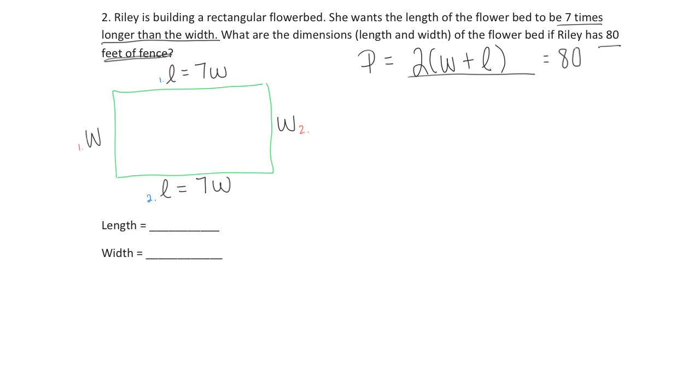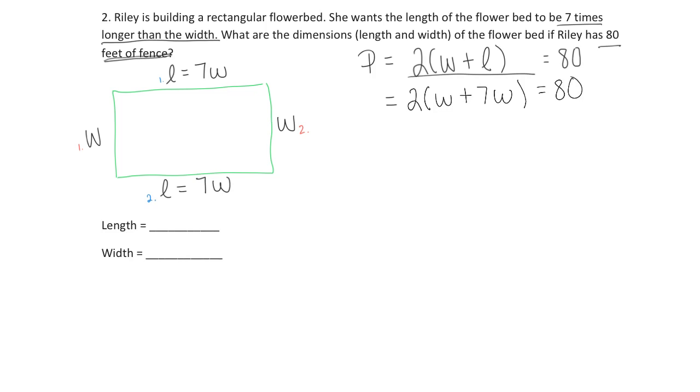So now I'm actually going to be using substitution for my length. We know that length equals 7w. So now I'm going to substitute 7w in for my length. So now my equation is 2 times (w plus 7w) equals 80. Now when I look inside my parentheses, I see now that I have the same like terms.